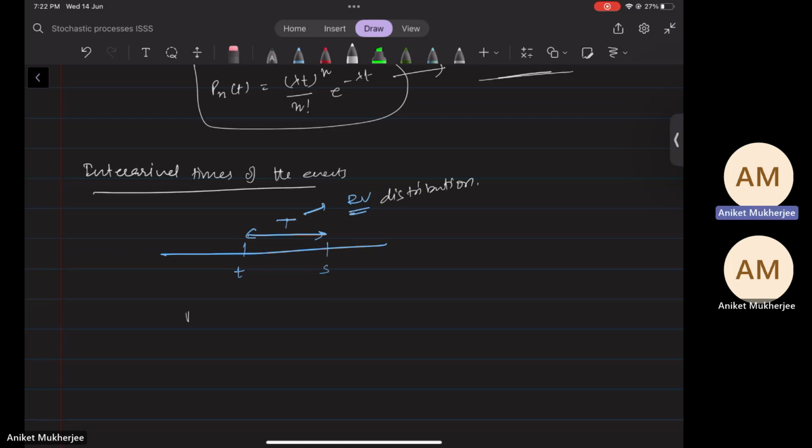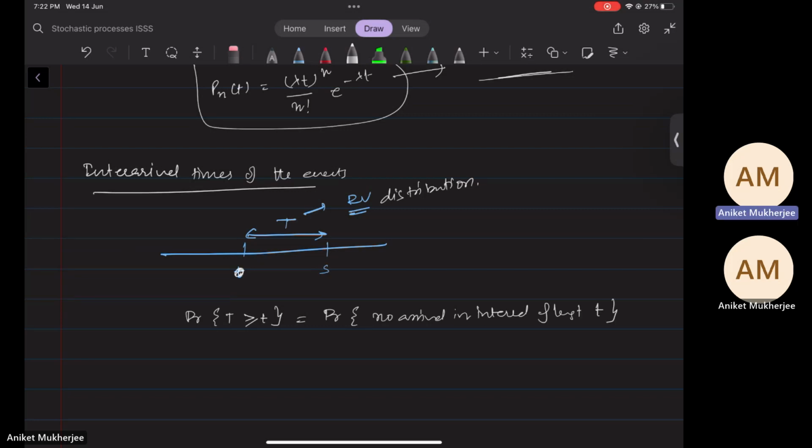To find the distribution of T, I find the probability of T greater than or equal to t, which is equal to the probability that there are no arrivals in an interval of length t.